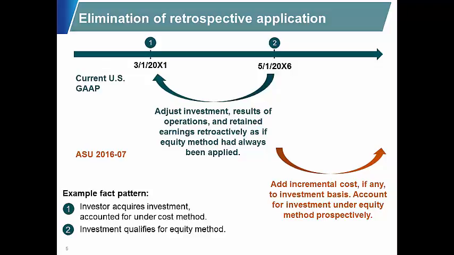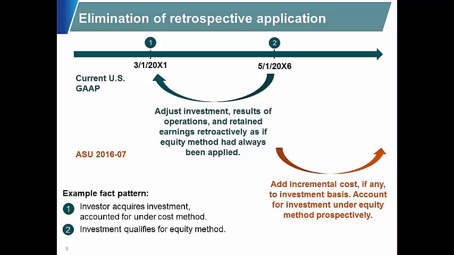They then have to recast their financial statements to show the investment as if it had been accounted for under the equity method the entire ownership period. After the ASU, the FASB has eliminated the requirement to go back and retroactively adopt the equity method of accounting, and instead simply adds the incremental cost to the basis of the investment and accounts for the investment using the equity method on a go-forward basis.